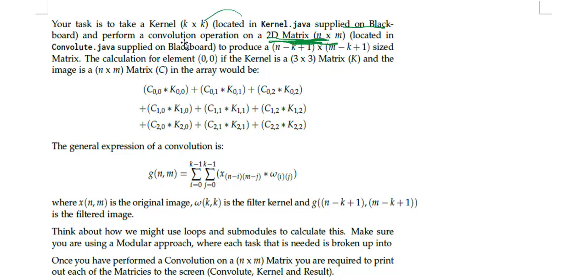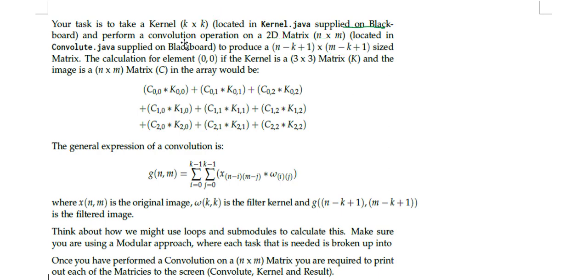Again, the kernel is k times k. The convolution is a 2D matrix located in Convolute.java supplied on the Blackboard. You need to produce an n minus k plus 1 times m minus k plus 1 matrix. What is this? This is the size of the matrix.